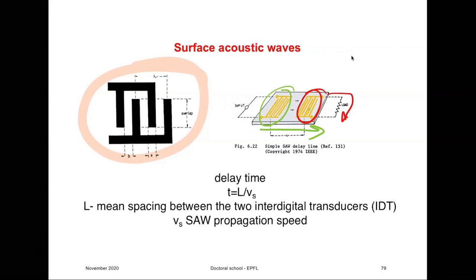Why do you want to use this? Well, this is used when you want to delay an electromagnetic signal. Acoustic waves propagate with a velocity which is much smaller than the velocity of electromagnetic waves. And sometimes you have an electromagnetic signal that you have to delay, to stop while something else is being processed.